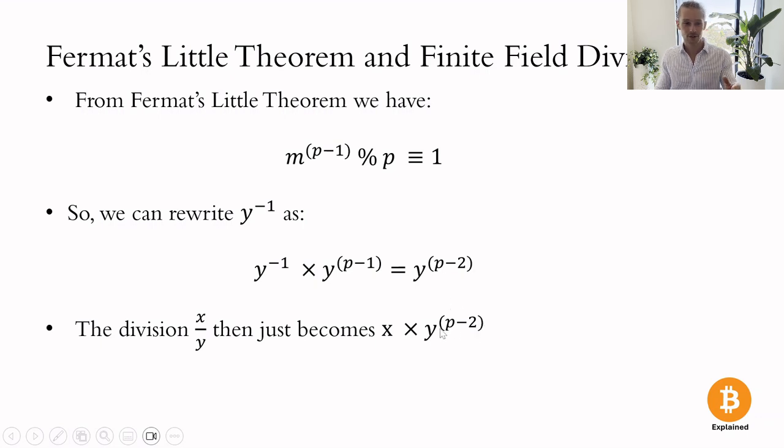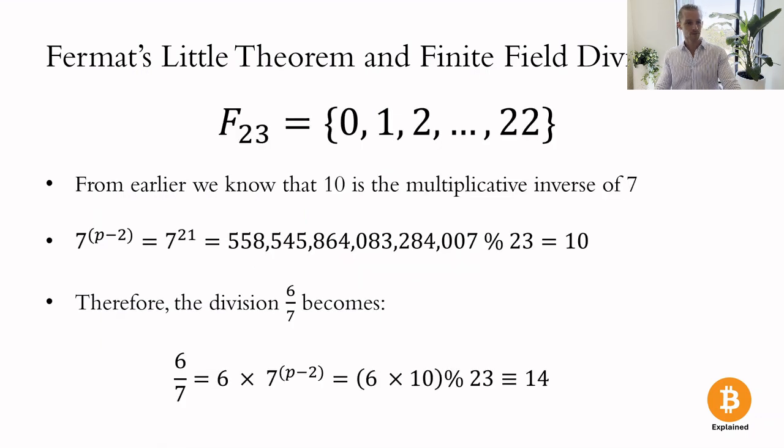Now this is way easier because we don't actually need to figure out what the inverse is in a trial and error, brute force, looping through every number type of way. We just take y, the original element that we want to divide by, raise it to the power of p minus 2, which is also known because we know the order of the finite field, and that then becomes our division, or our multiplicative inverse for that matter.